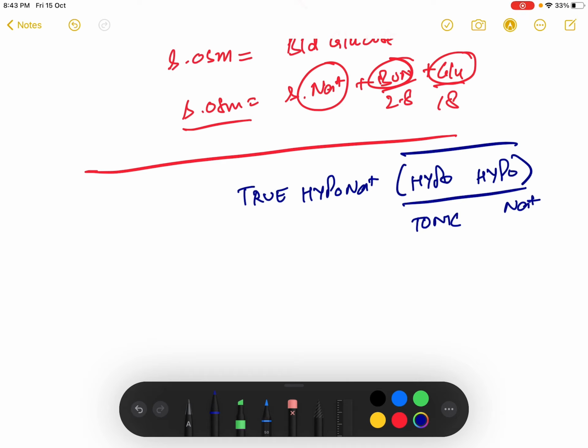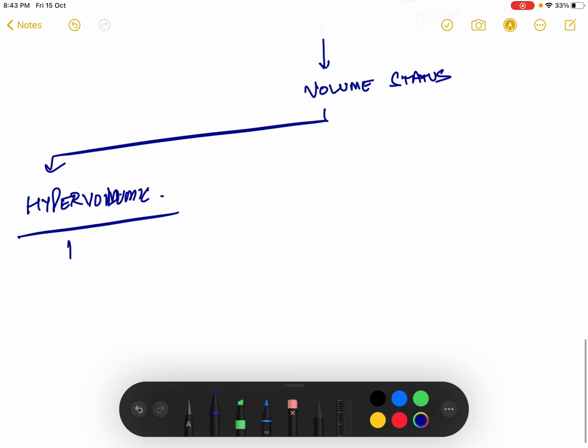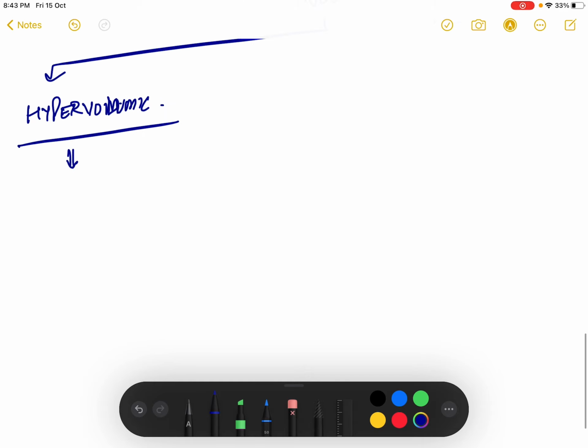Now to find out the cause or etiology of a true hyponatremia, we should always look at the volume status of the patient. If the patient is in fluid overload, that is hypervolemic, that can also present as hyponatremia due to fluid overload, dilutional hyponatremia. Examples here will be chronic kidney disease, congestive heart failure, and chronic liver disease.